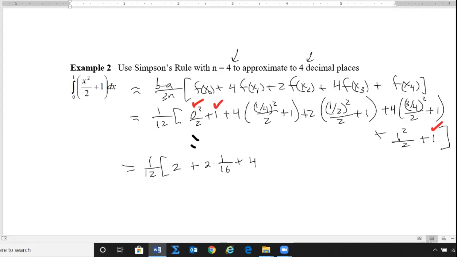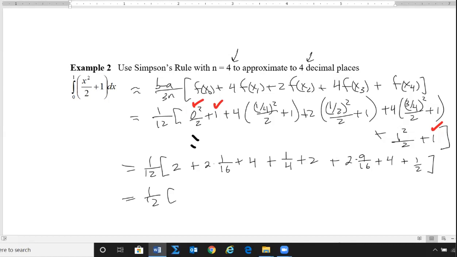The next one, we'll have a 1/4 plus a 2. The next one will have a 2 times 9/16 plus a 4. Okay, and don't forget that half in there. Sorry about that. It'd be half. We didn't get the half yet. Okay, so plus 1/2. All right, 1/12.